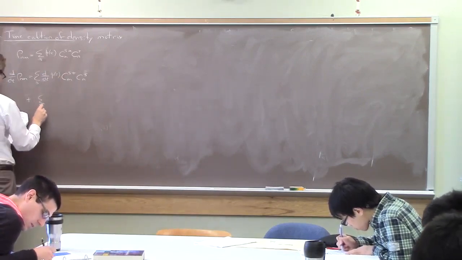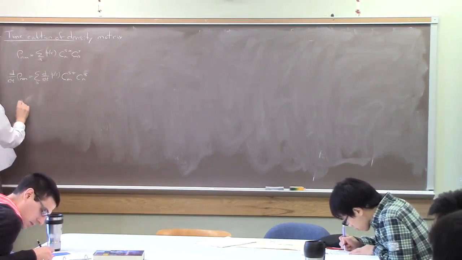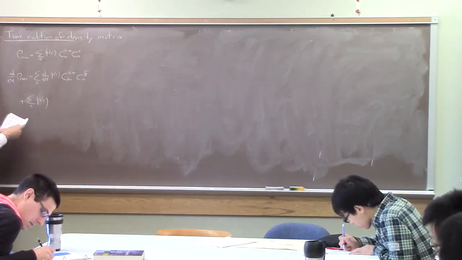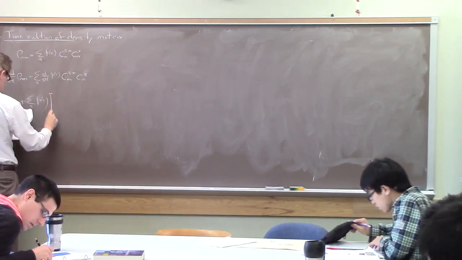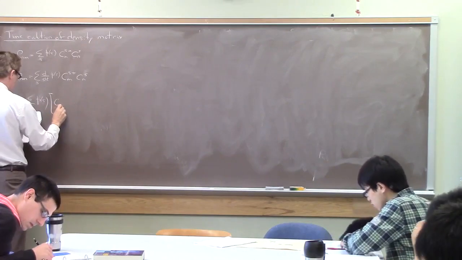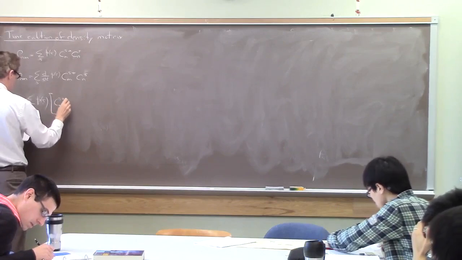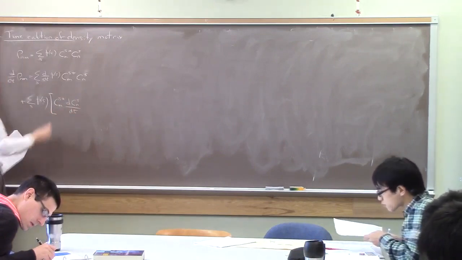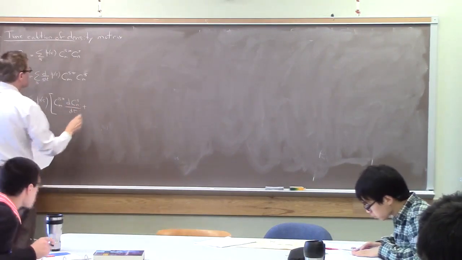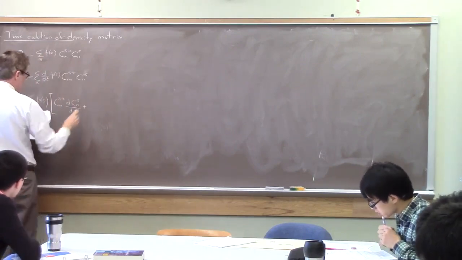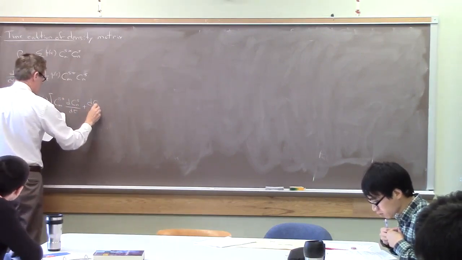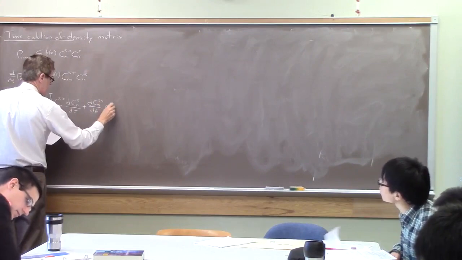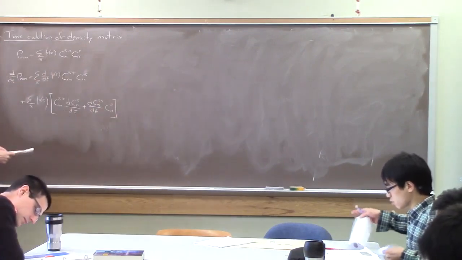The second term we can write as the summation over S of P of S times C m S star d C n S dt, plus the derivative taken on the other term, d C m S star dt, C n S.